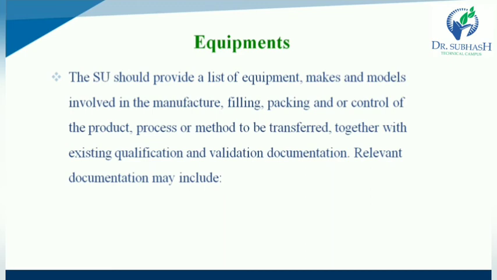So for equipments, the sending unit should provide a list of equipment, makes and models that are involved in manufacturing, filling, packaging, as well as control of product, process, or any method that should be transferred together with existing qualification and validation documentation.